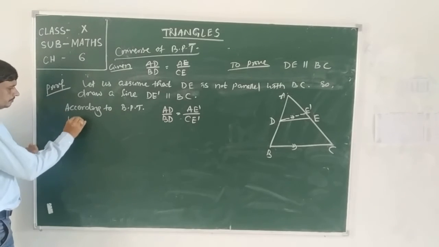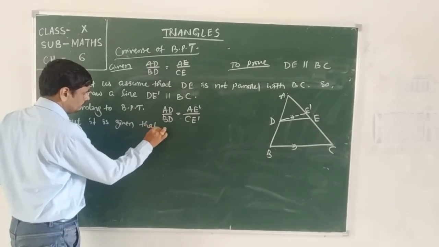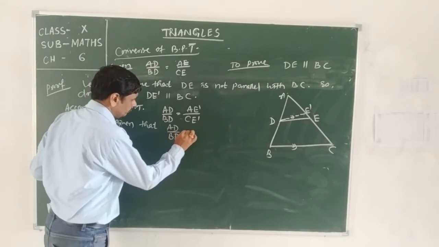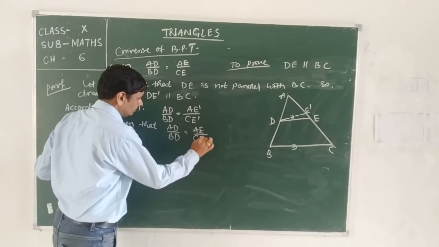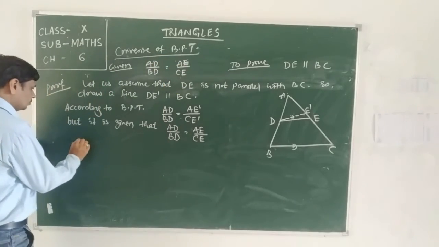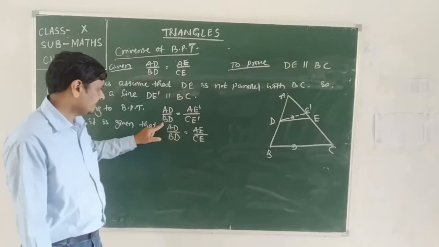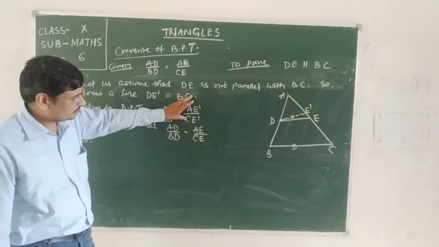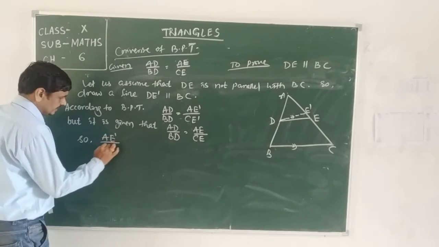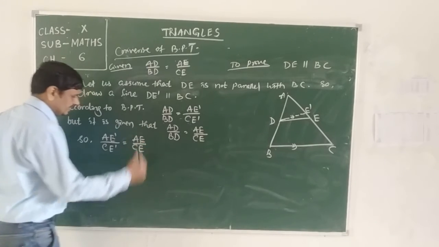But it is given that AD by BD is equal to AE by CE. So AD by BD is AE dash by CE dash, and AD by BD is AE by CE, that means AE dash by CE dash is equal to AE by CE.